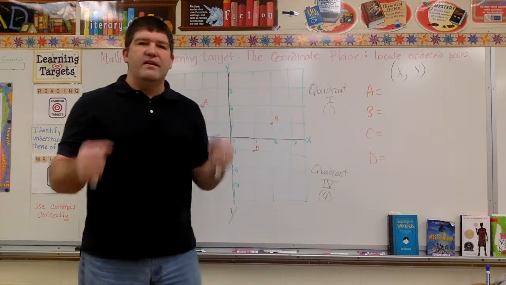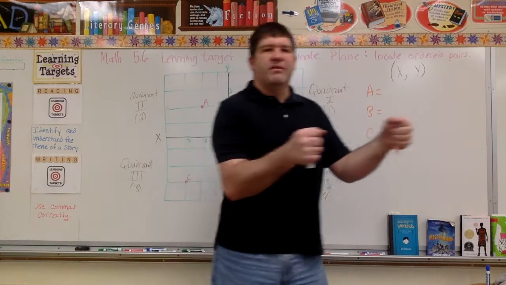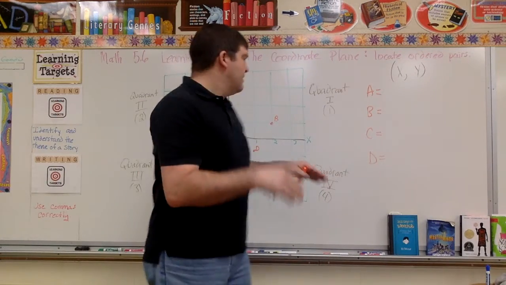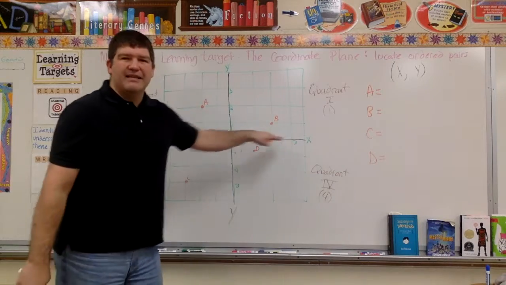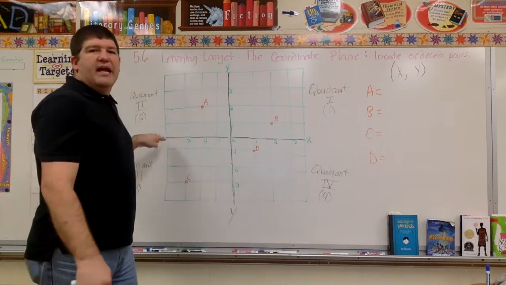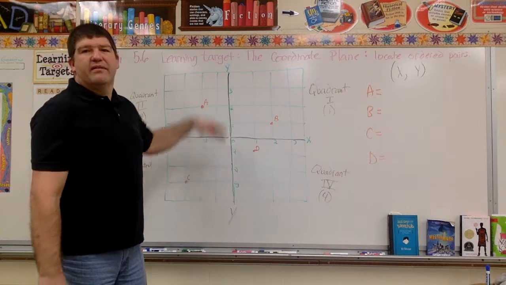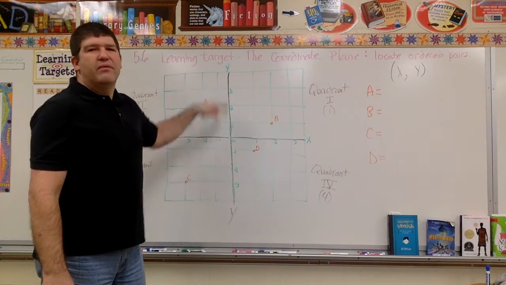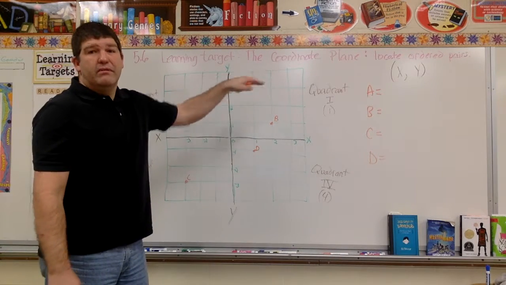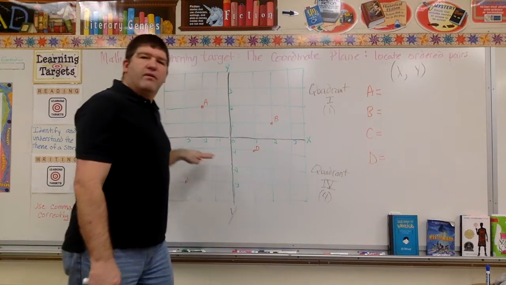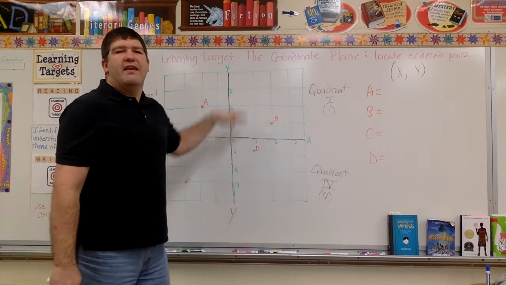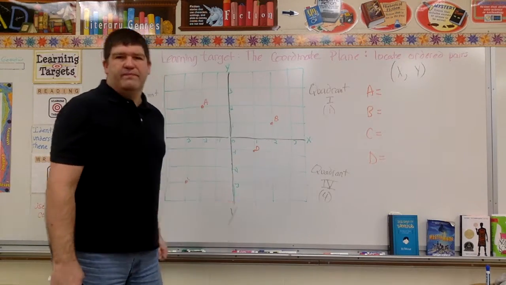If I'm on a ladder, I'm going to make sure I'm this way or this way first. I'm going to find my place on the X on the ground, and then I'm going to go up or down. I don't want to go up and then try and go over. Ooh, this is so scary. I want to go over this way, and then up or down.